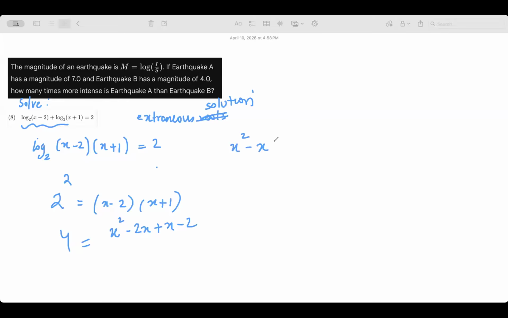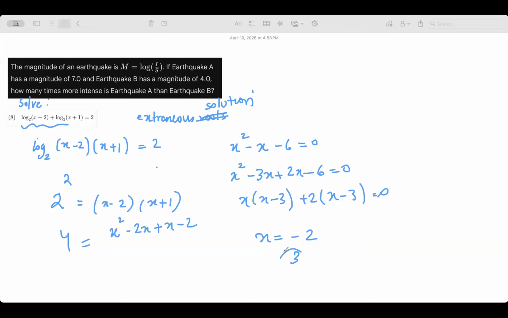X square minus x minus 6 equal to 0. So x square minus 3x plus 2x minus 6 equal to 0. X minus 3 plus 2 x minus 3 equal to 0. Solutions are minus 2 and 3.